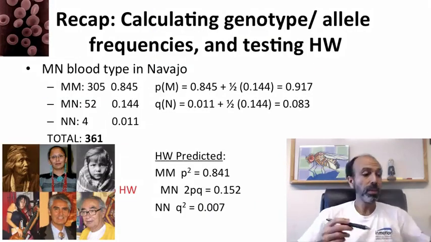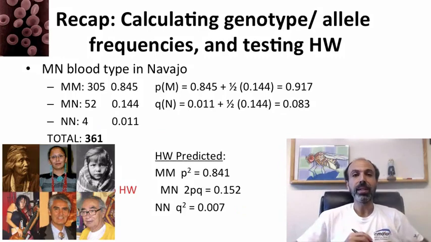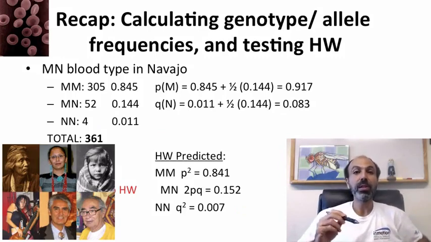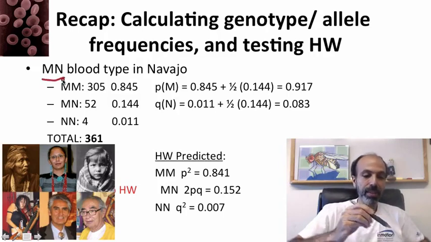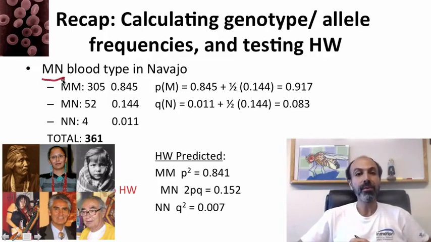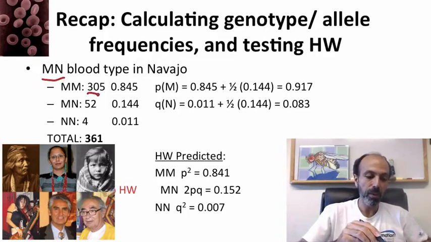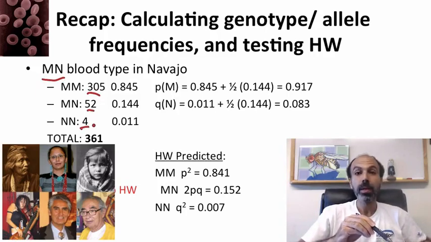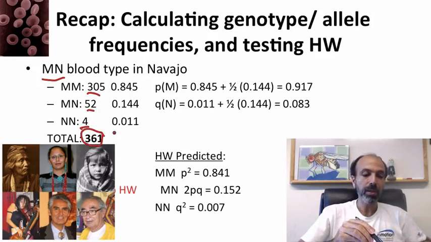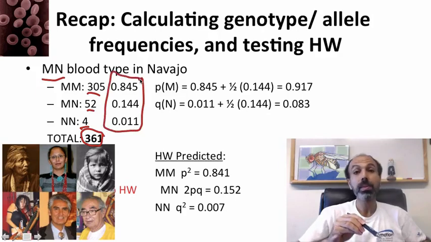Now, what we did last time is we tried to calculate Hardy-Weinberg expectations and fit the Hardy-Weinberg expectations for this MN blood type. I showed you data from Navajo and Aborigines. Here's the data from the Navajo. So we first have our raw genotype counts. From that, we got the total number of individuals. Using these two together, we then were able to calculate the observed genotype frequencies.